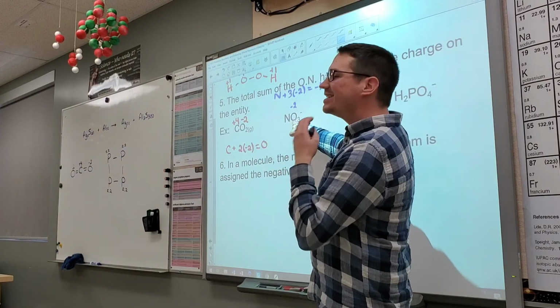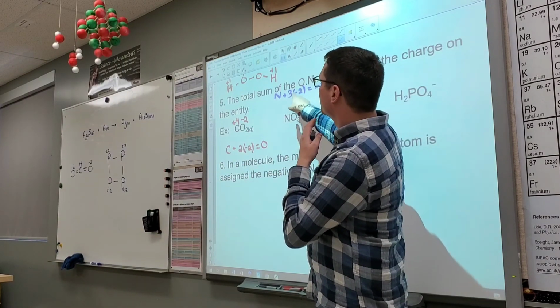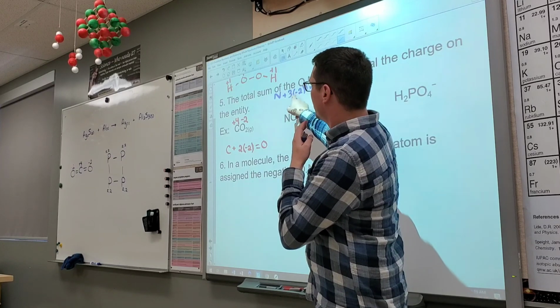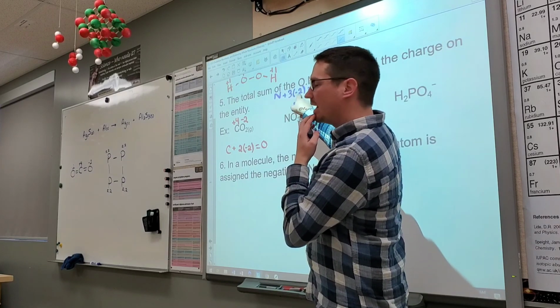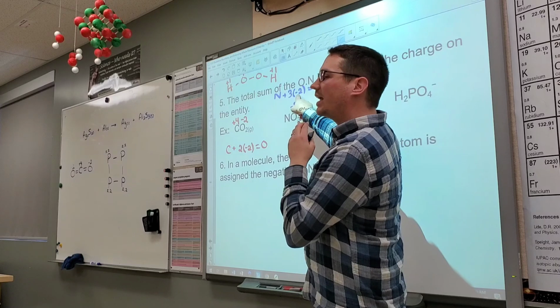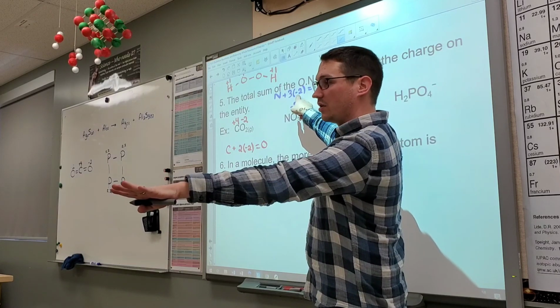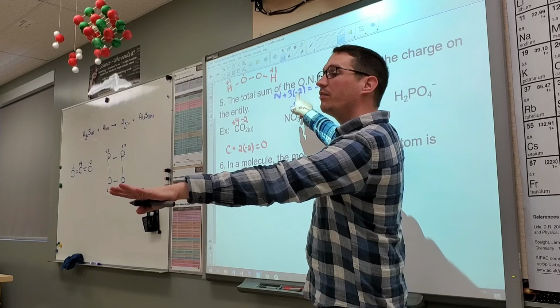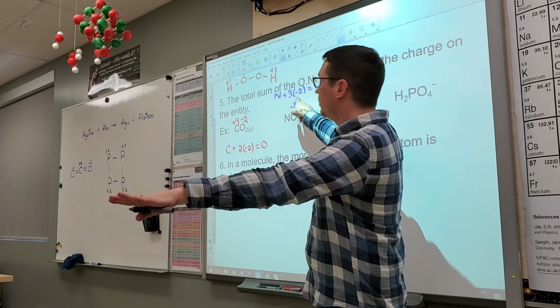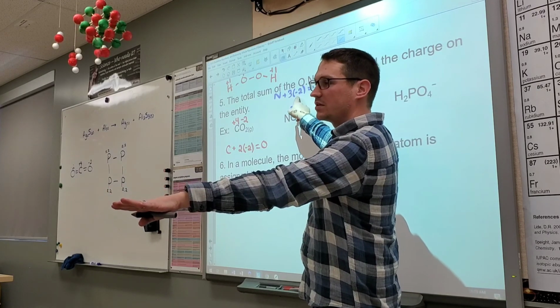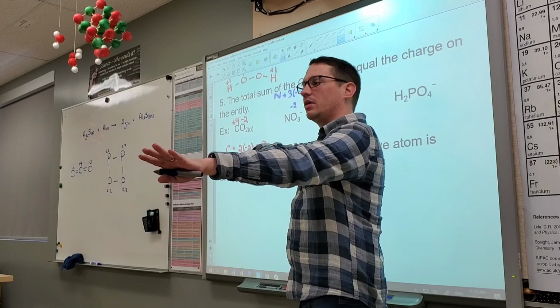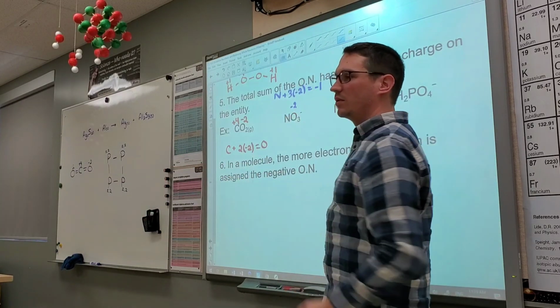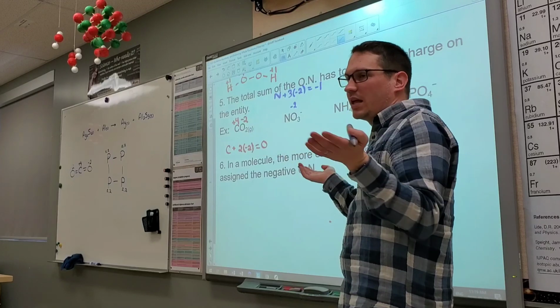If the oxygen is negative, how many negatives are here? What's the total negative charge? -6. Do we want to cancel out all the negative charge? No, we want to have one left over. So we want to cancel out 5 of those negatives. How can we cancel out 5 of these negatives? +5. Or you could rearrange this equation, do that in your head, whatever.